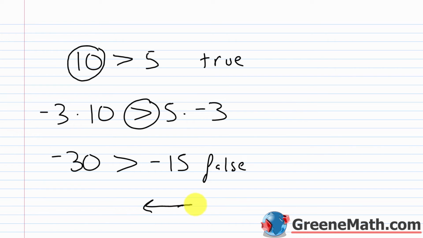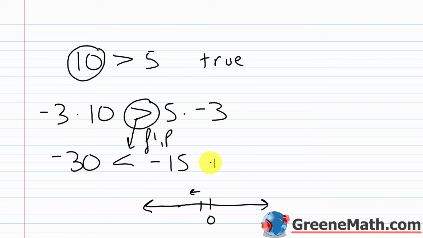Here's 0, and as numbers move this way, you're getting smaller and smaller values. So in this case, negative 30 is greater than negative 15 would be false. In order for us to have gotten a true statement, when we multiplied both sides by the same negative value, we have to flip. And so this would be a less than, and that would make it a true statement.